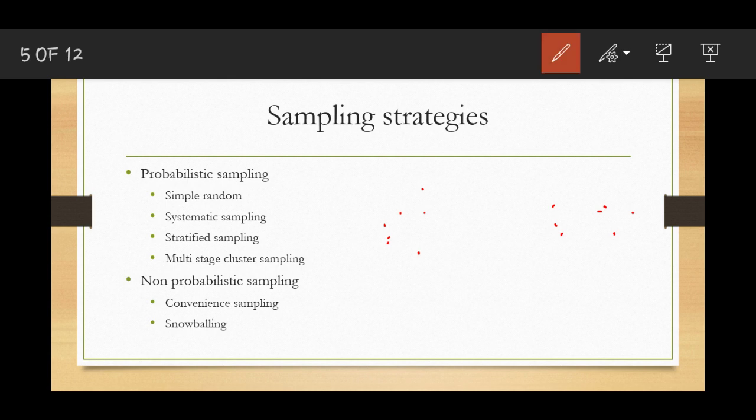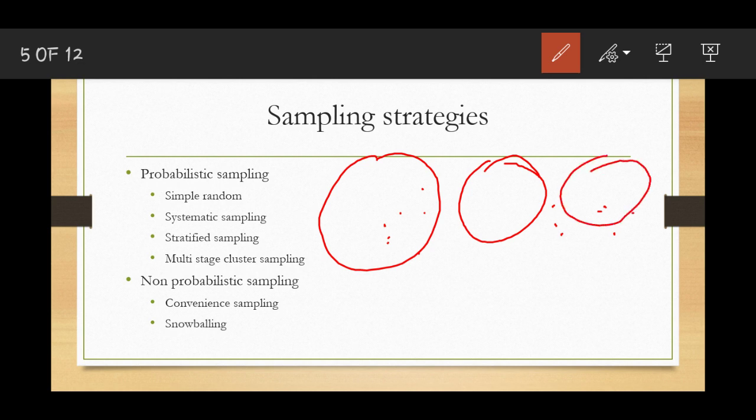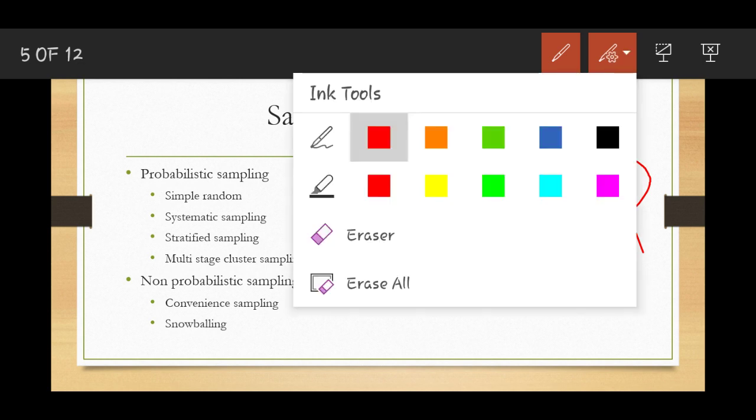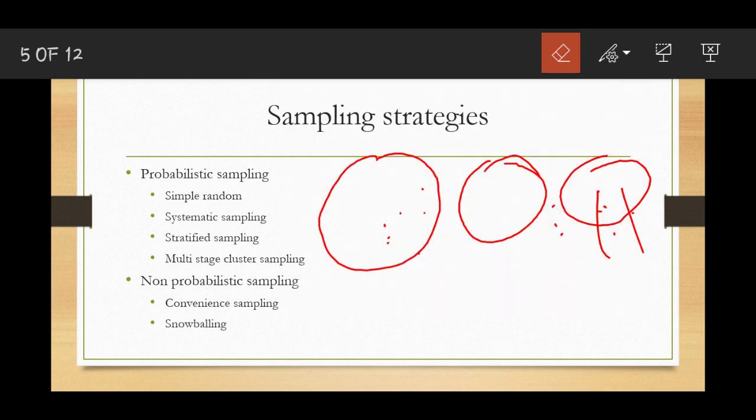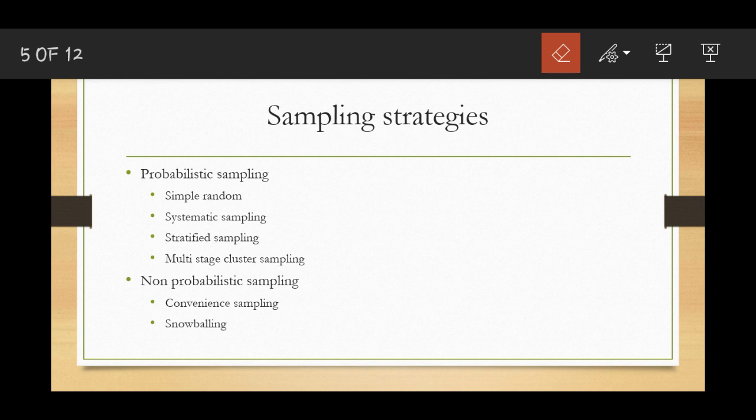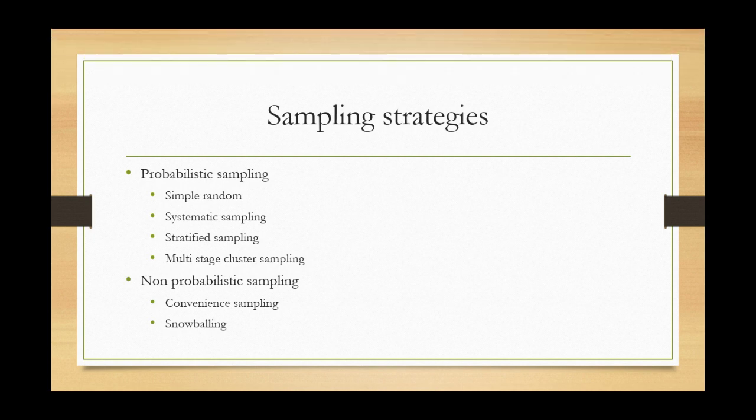Say this is your population; from this population you can select a smaller sample, a cluster. Then from this you can select another sample until you get your last sample.